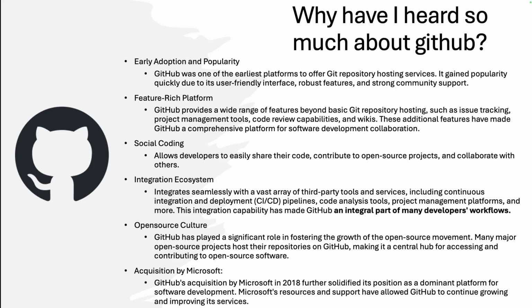It gives a ton of code review capabilities, so someone can review my changes and not allow me to merge them until they've reviewed them. And wikis. Wikis are where good intentions go to die in the software world, but people do try to use them, and sometimes they do work out well. So this has made GitHub a comprehensive platform for software development and collaboration. Collaboration being the big one.